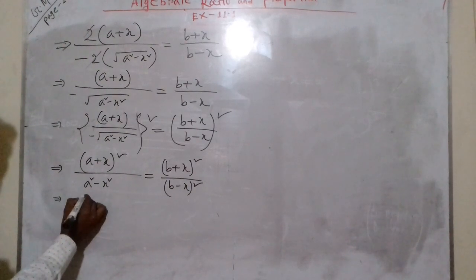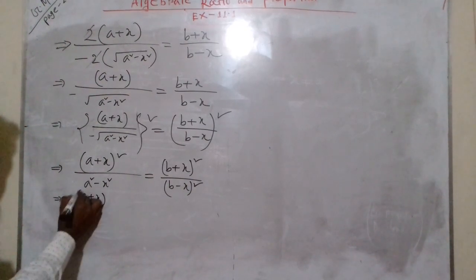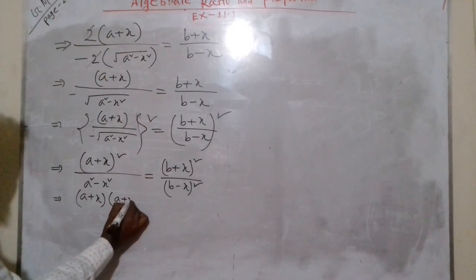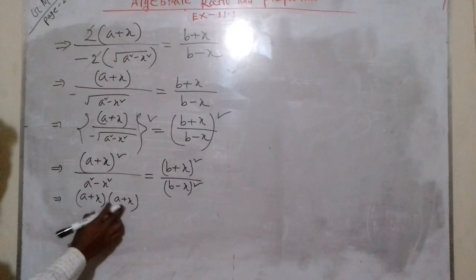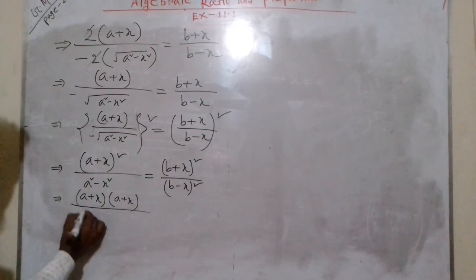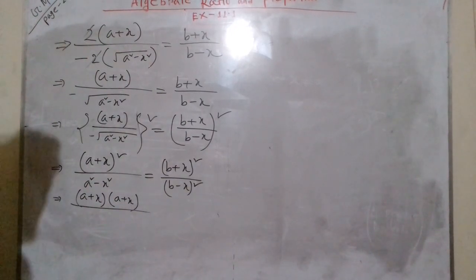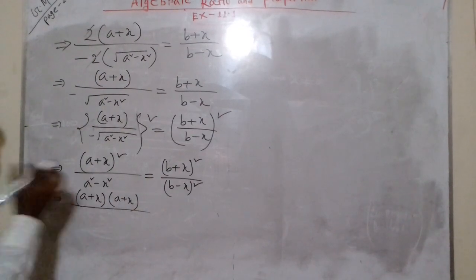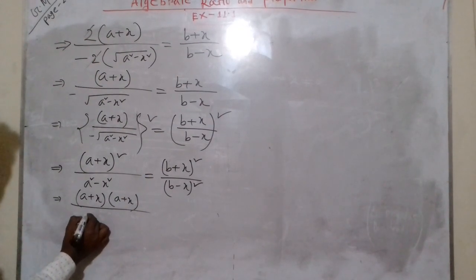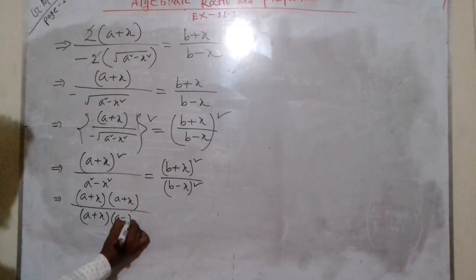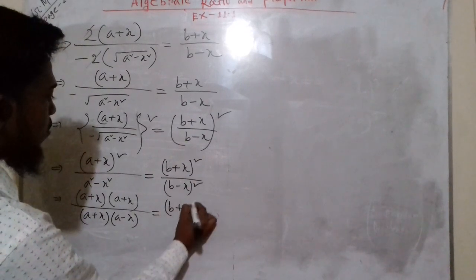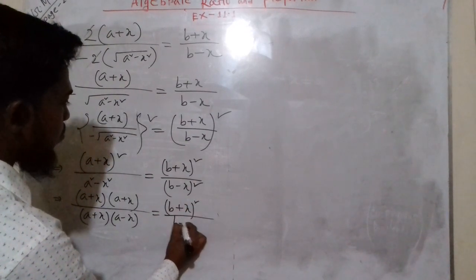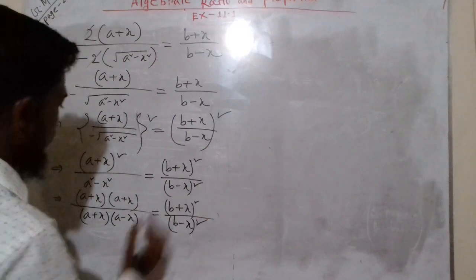We can write a plus x into a plus x, because a plus x whole square, so we can write a plus x into a plus x divided by a plus b into a minus b, the formula of a square minus b square, so a plus x into a minus x equal to b plus x whole square divided by b minus x whole square.